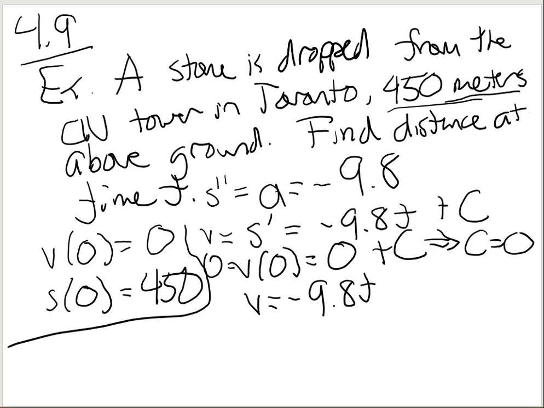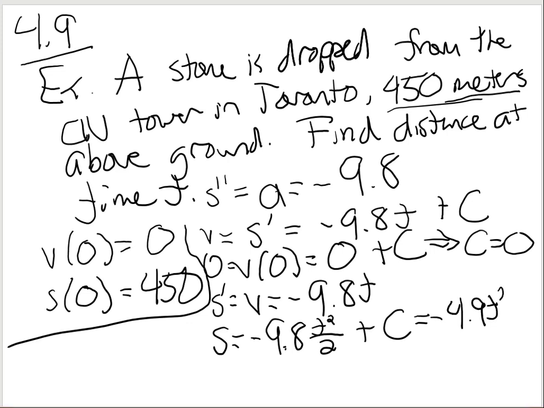Okay, so that means our velocity is negative 9.8 t. Let's take the antiderivative again to give us s, because velocity is s prime. That's going to give us negative 9.8 t squared over 2 plus c, or negative 4.9 t squared plus c. And now we have this last condition, that it's 450 at time 0.